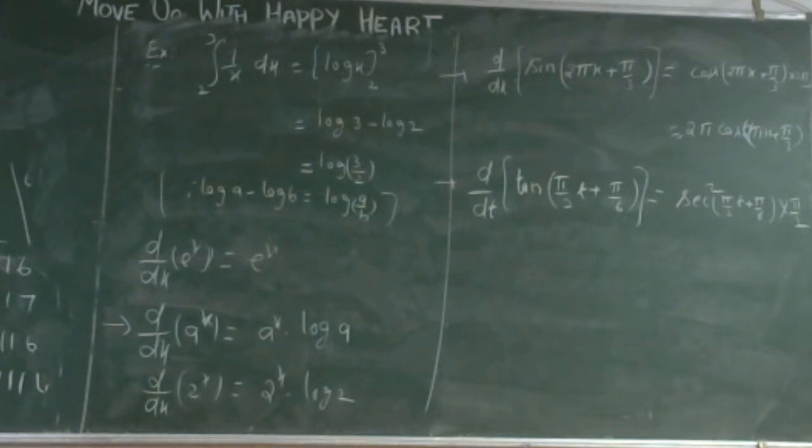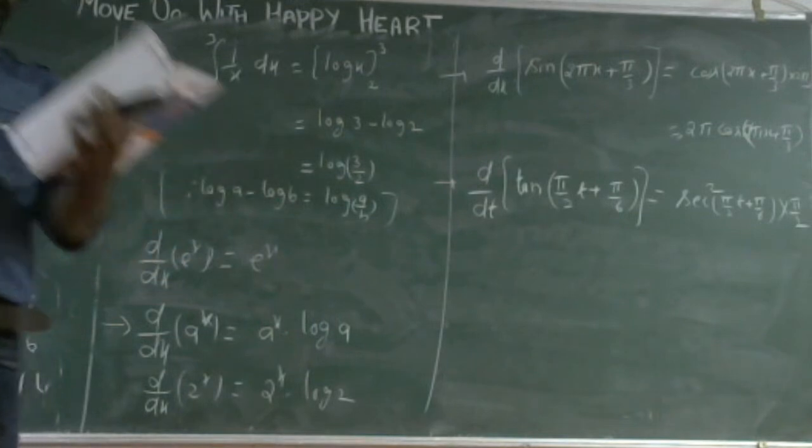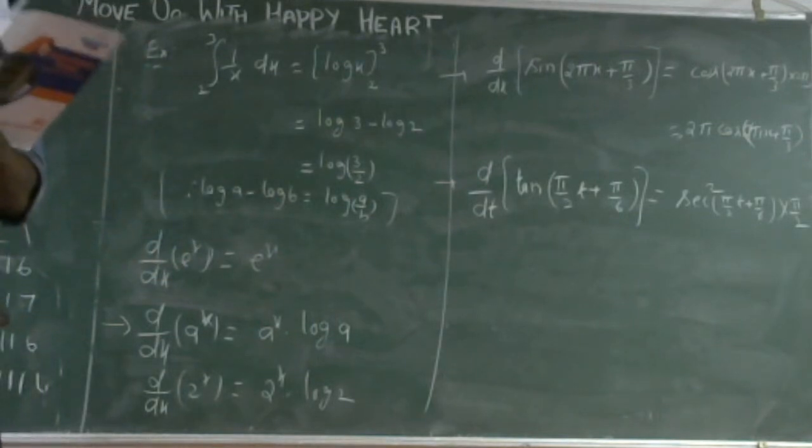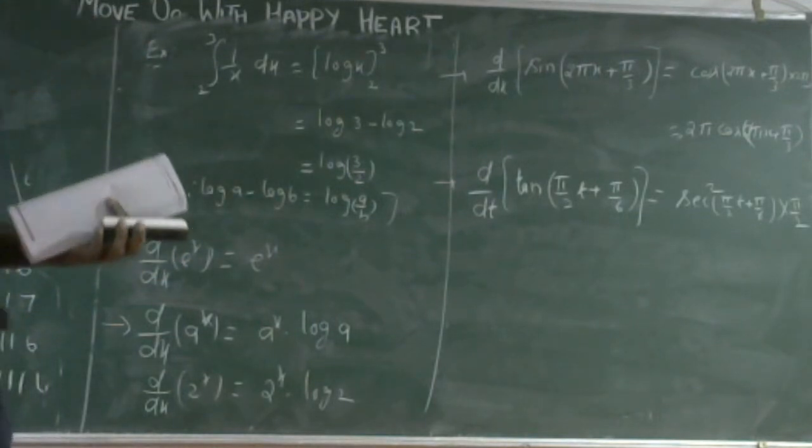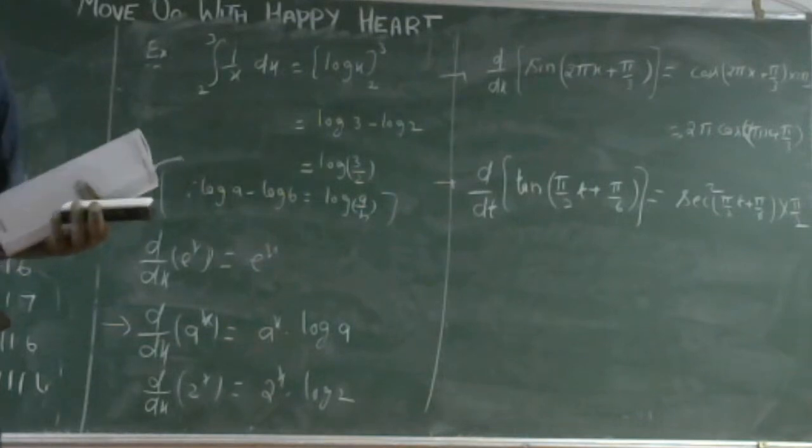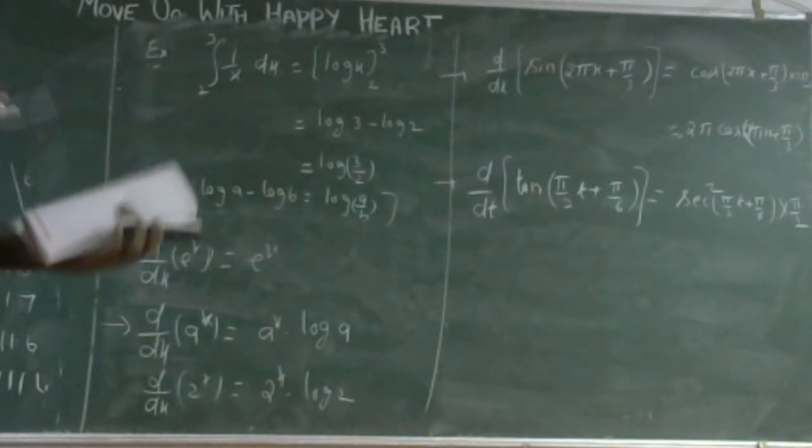Got it? So this is how you have to do differentiation in some cases. Is it clear? Most commonly you will get differentiation of polynomial functions and the product rule, quotient rule and chain rule. If these are clear, all questions in differentiation may come based on this.